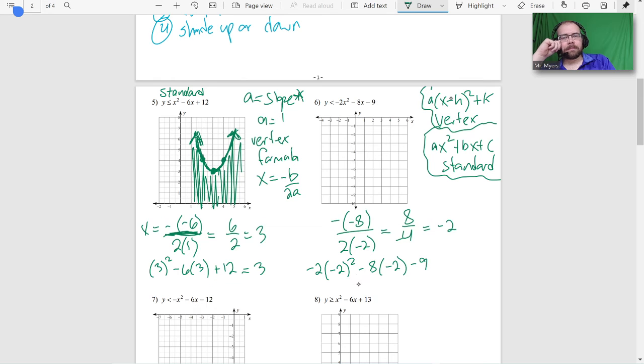So that's 4, and negative 8 times negative 2 is plus 16, minus 9. 4 and negative 9 make negative 5, plus 16 is 11. Negative 2, negative 1. There's the vertex. Slope is negative 2, so I go down 2 over 1 in both directions.